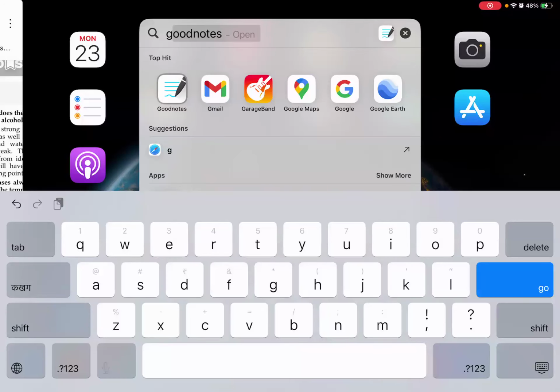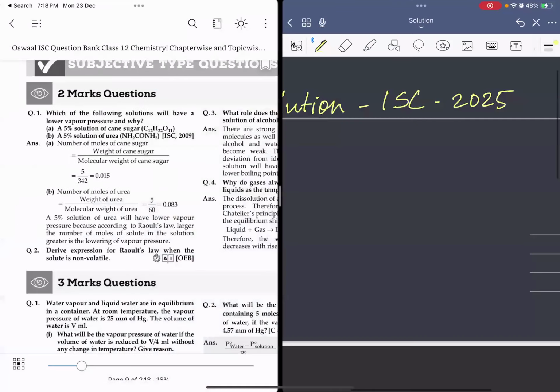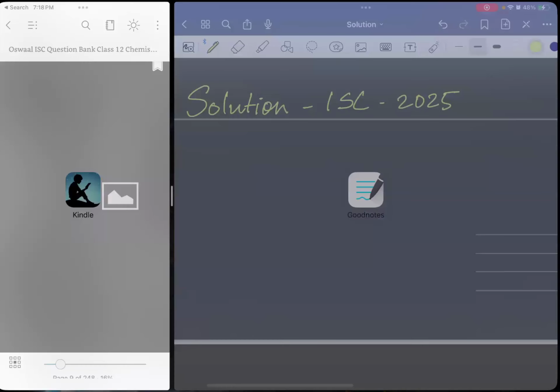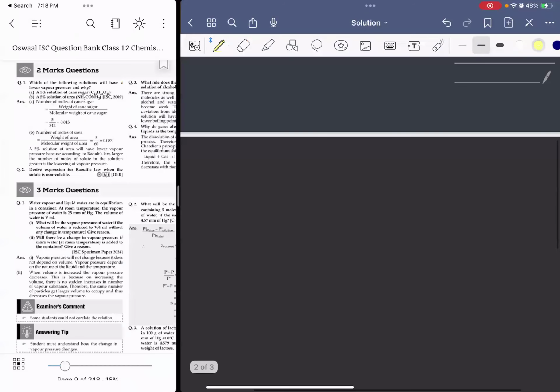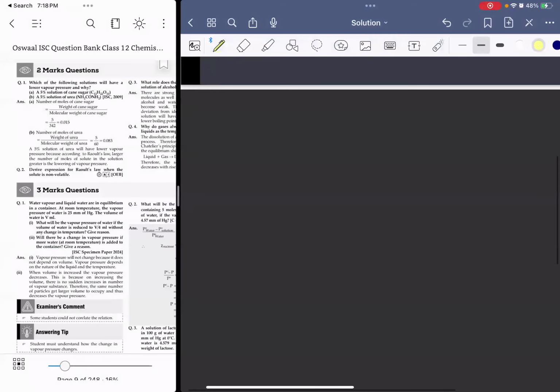in GoodNotes. So let's start solving. What you have got here is a 5% solution of C12H22O11. So the percentage doesn't matter.